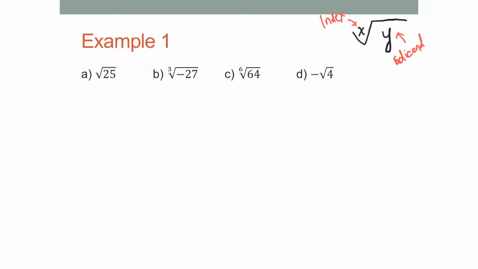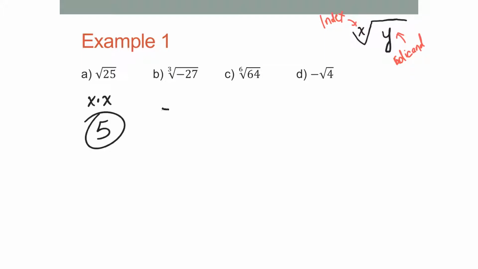So for the first example, again, the square root or the second root of 25, we're just looking for what we can multiply by itself to get 25. Of course, that's 5 times 5, so the square root of 25 is just 5. The cube root of negative 27, we need what times what times what gives us negative 27.